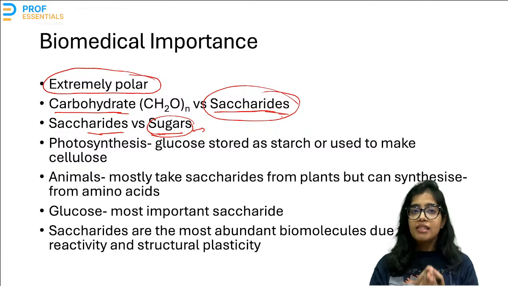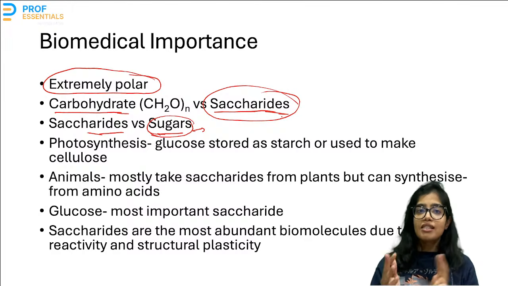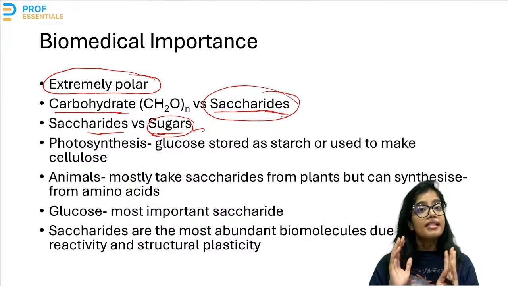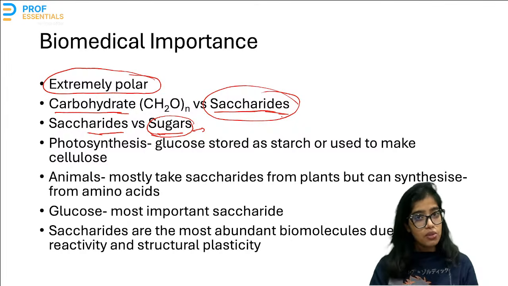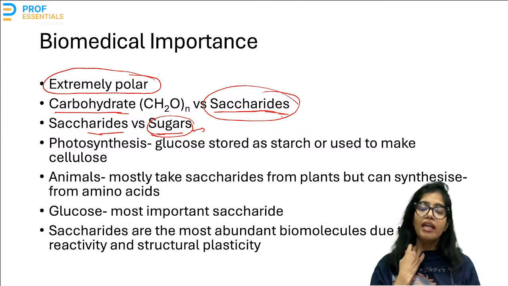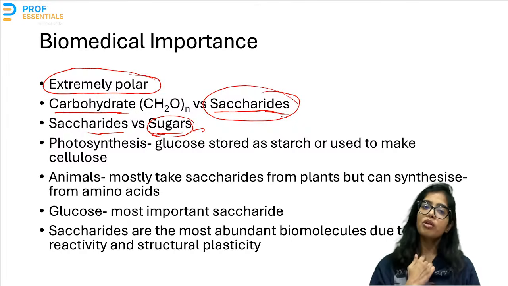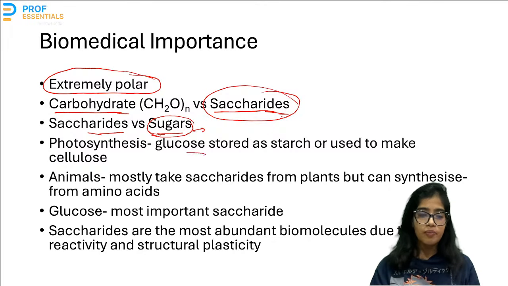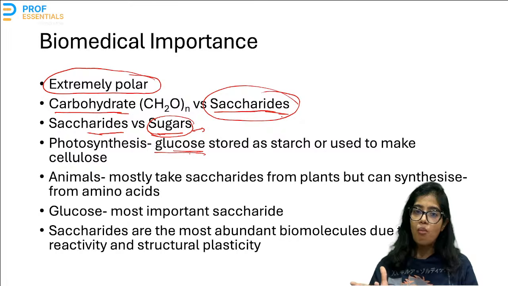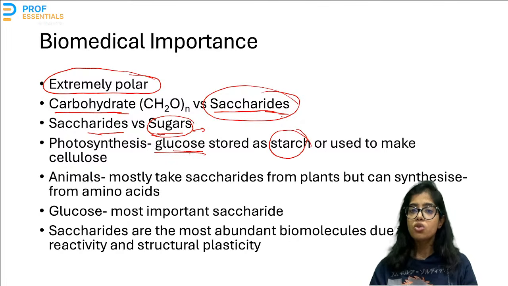Therefore, the best term out of carbohydrates, saccharides, and sugars is saccharides for these biomolecules. Now in nature, in plants, by the process of photosynthesis, one of the most important saccharides, glucose, is synthesized, and it is stored in the form of starch, or used to make cellulose in the plant cell walls.